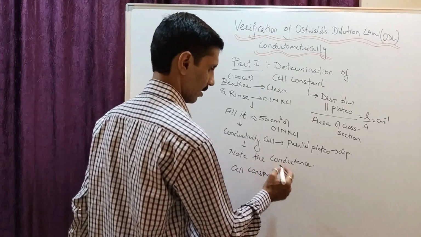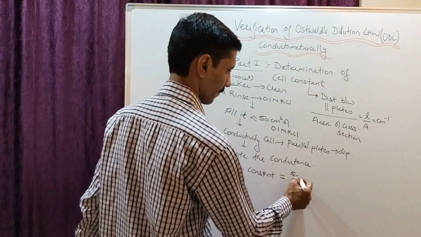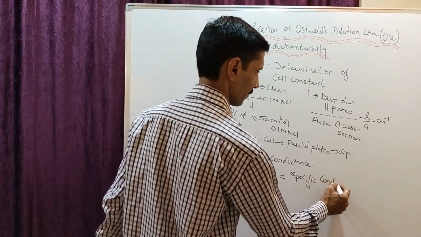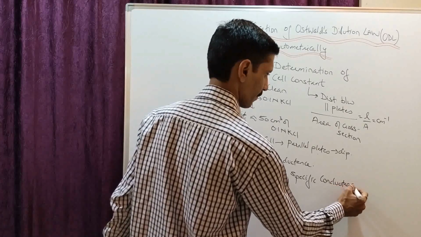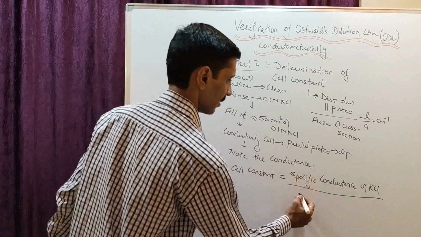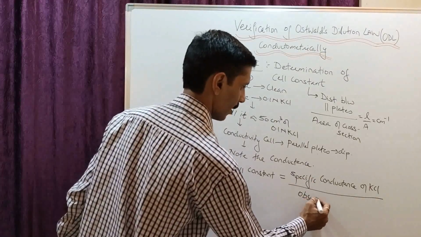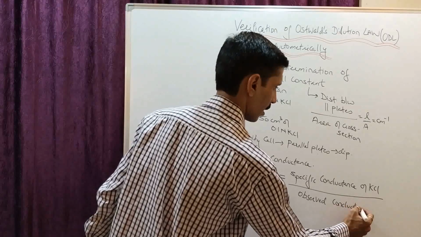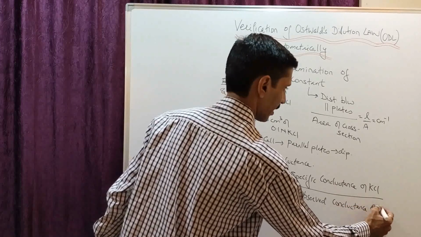Cell constant is equal to specific conductance of KCl divided by the observed conductance of KCl.